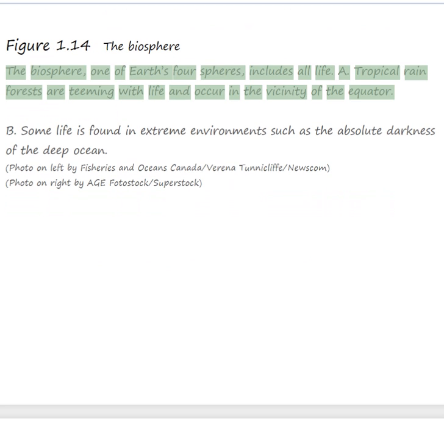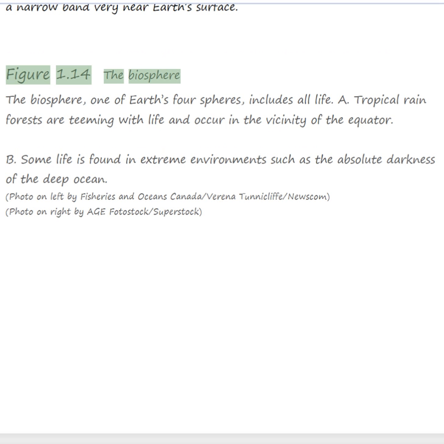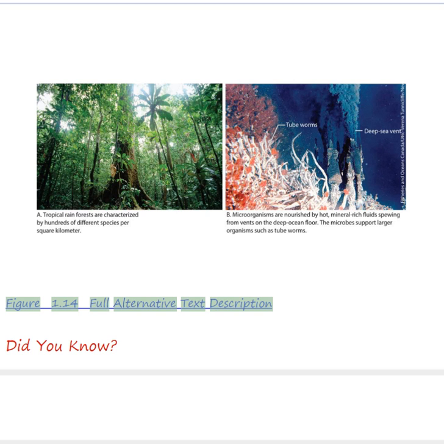The biosphere, one of Earth's 4 spheres, includes all life. A. Tropical rainforests are teeming with life and occur in the vicinity of the equator. B. Some life is found in extreme environments such as the absolute darkness of the deep ocean. Figure 1.14 The biosphere. Figure 1.14 Full alternative text description.